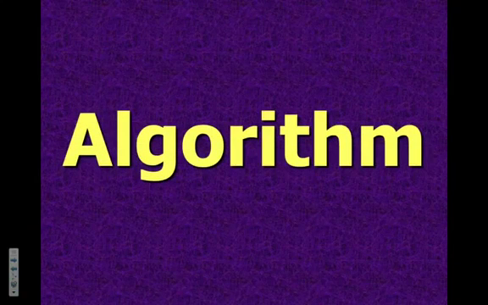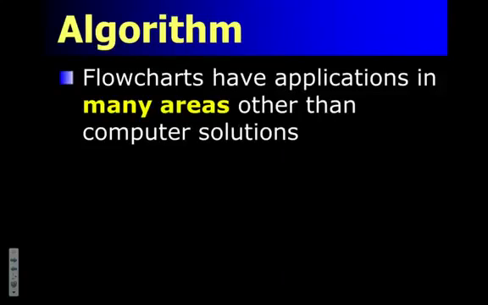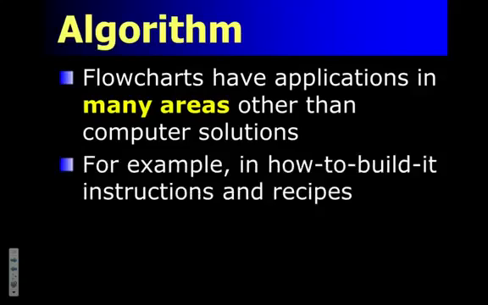Okay, so this word, algorithm, is a word to represent essentially how you solve a problem in a step-by-step way. It's not exclusive to the realm of computer science. Flowcharts is essentially a visual representation of that. Now, other ways you can do step-by-steps include how-to instructions, right?